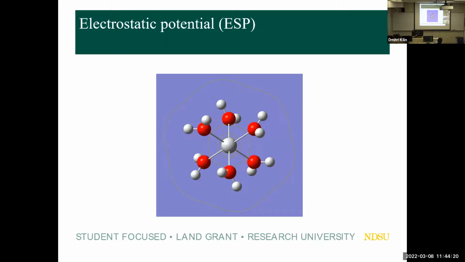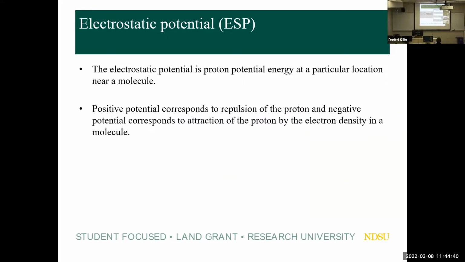So one makes a contour along which the density is the same. And then one travels along each point of this contour and makes it either blue or red, depending on the electrostatic potential. So let's go back to your colorful thing.